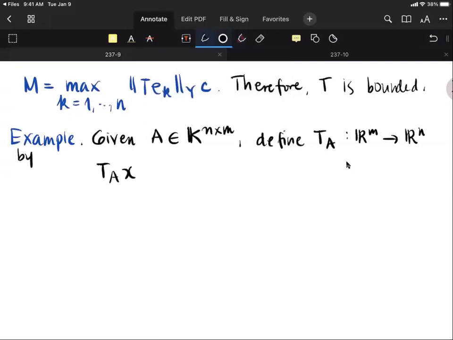So T sub A of x is A times x for any x in Rm. You can check that indeed the dimensions here are correct. So this is clearly linear. T sub A is nothing but the action of your matrix A.